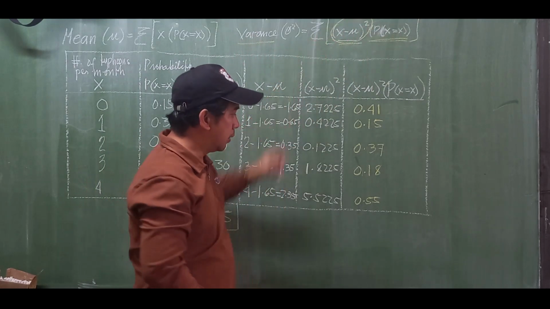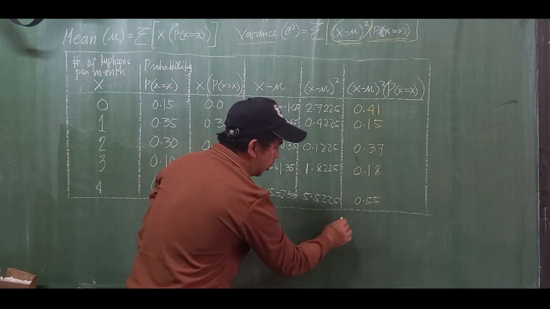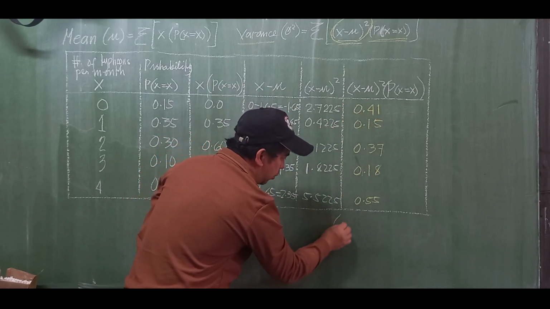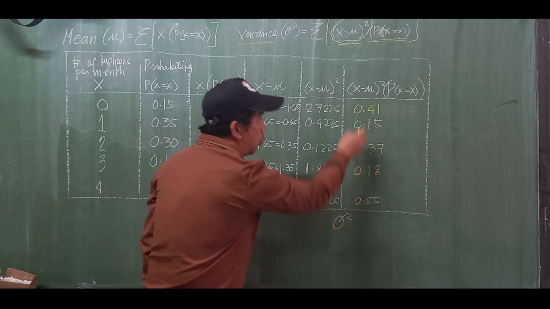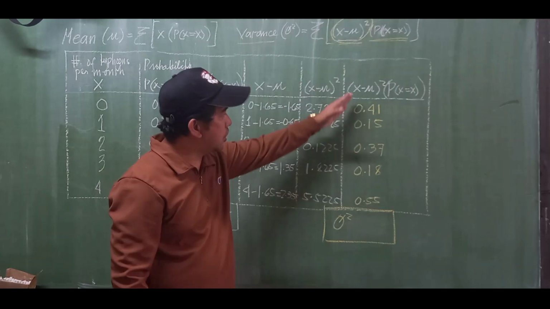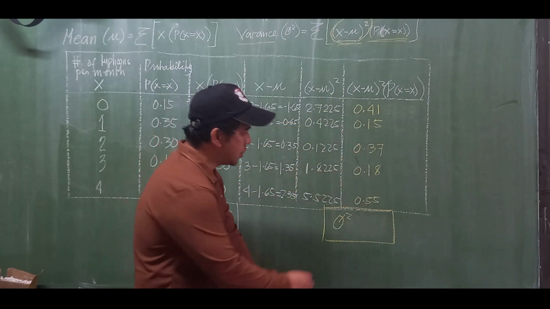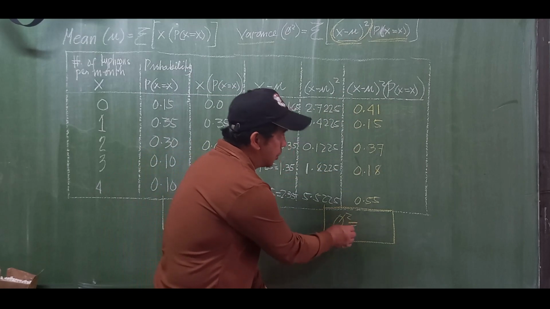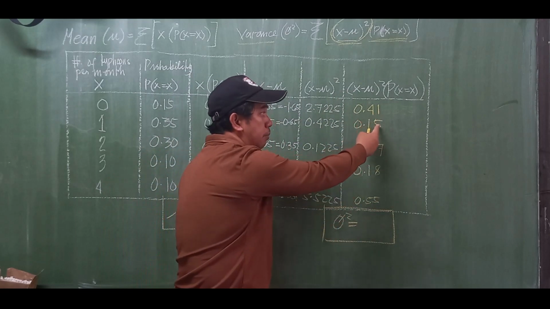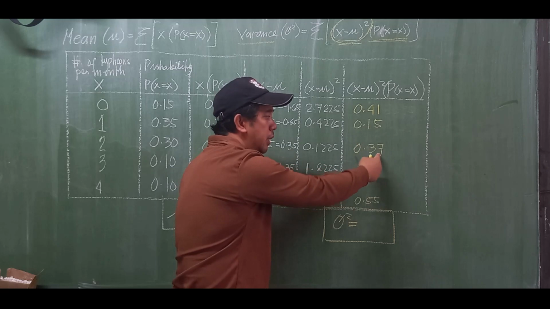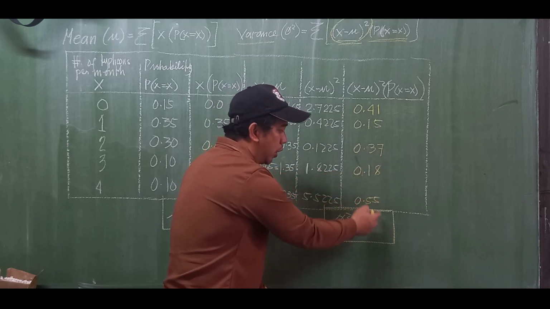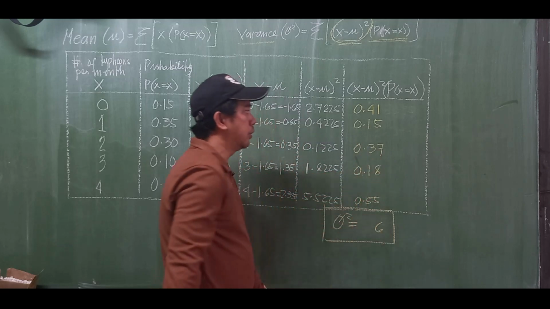You total them. When we are going to get the variance, we just add these results. That is 1 plus 6 plus 7, 13, 21, that is 26.